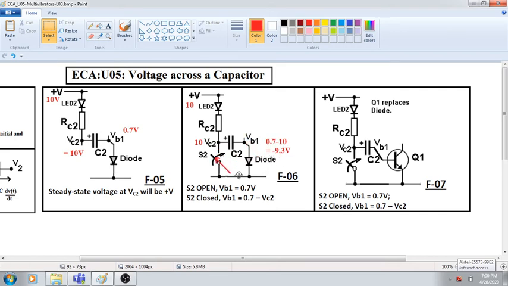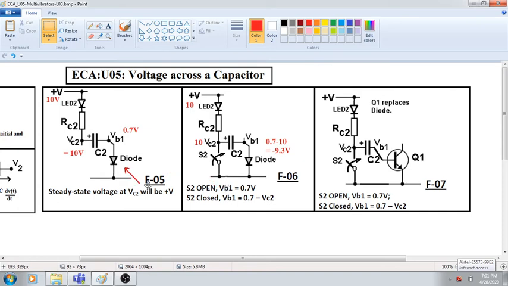Okay. Now suddenly I'll close the switch, and what should happen? The voltage here must immediately come to 0. This VC2 10 volts will automatically become 0. That means there is a sudden drop of voltage at VC2 from 10 to 0. What is the drop? Total 10 volts.